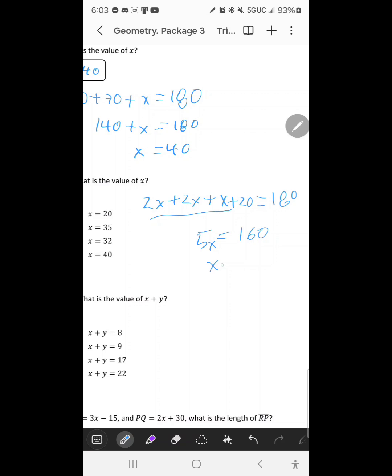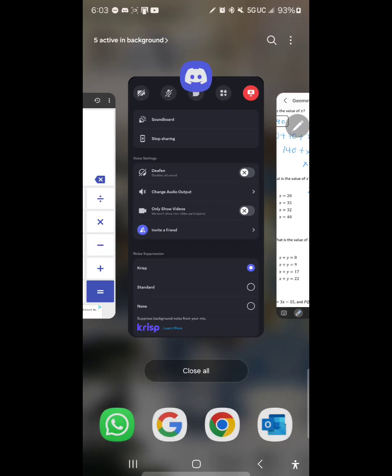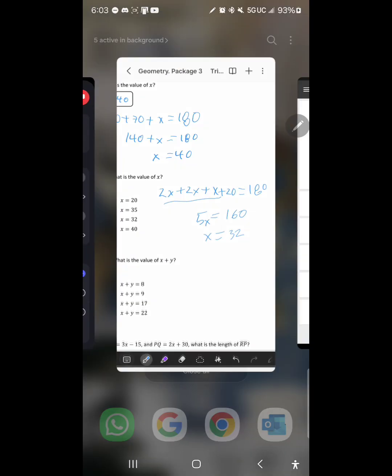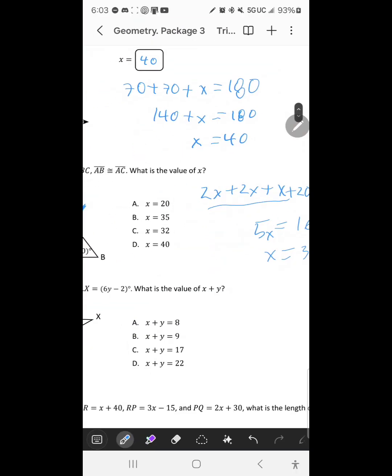Therefore, we divide by 5 and we get that x equals 32. So let's make sure about it. Yep, theory 2. So our answer is C. Very easy, pretty straightforward.